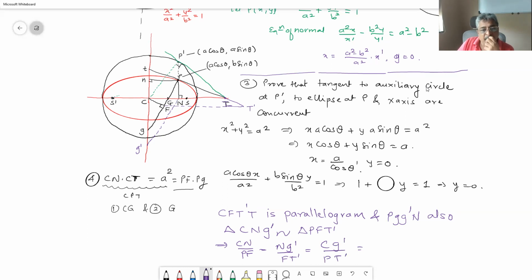But we can replace now. What can we replace? NG dash is PG and FT dash is CT. Therefore, using the first and last ratio, CN upon CT is equal to PG upon PF, which we have already proved is equal to S.